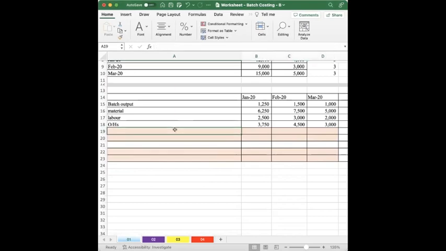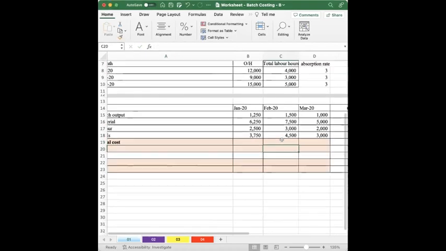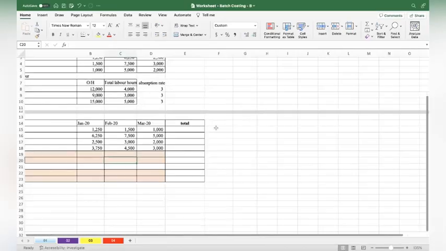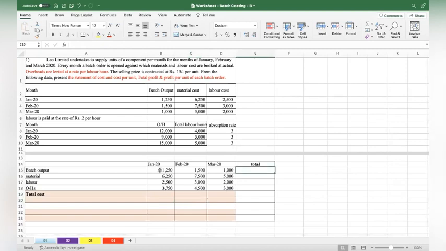So how do we get the total cost now? Before finding the total cost here, let's find out the totals, right? So in this batch, how much? We'll take the summation, okay? You need to add first January, then February, March, batch output, right? Then press enter. Likewise, find the total material cost. Since I'm using Excel, I will be using the formulas like this.